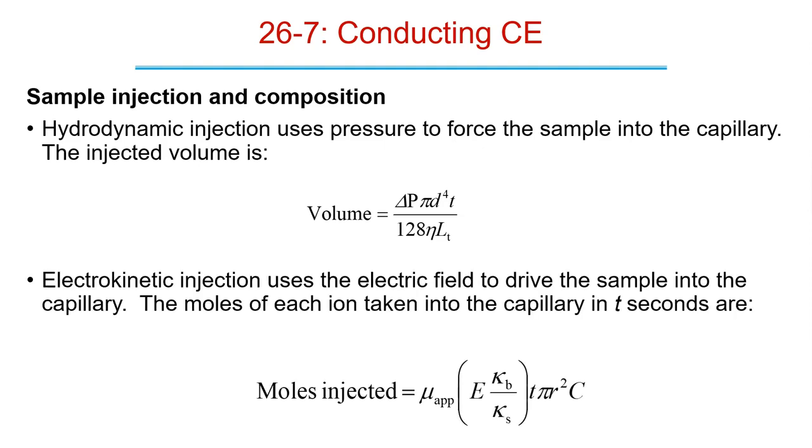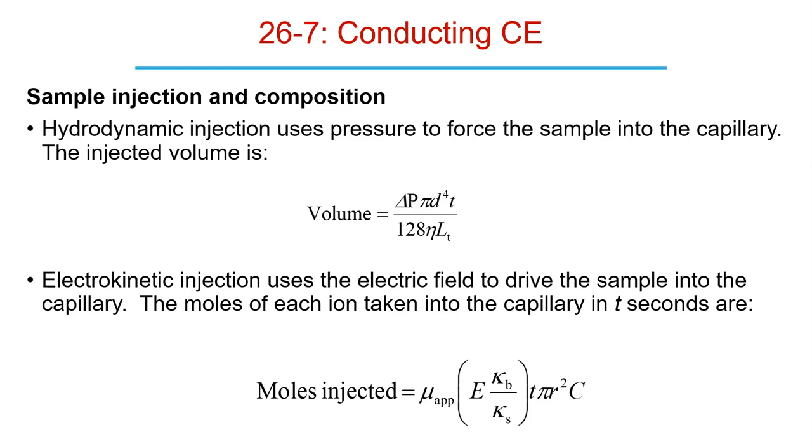The other way you can inject is, remember, this is all under ionic control. We got a lot of charged species in solution. So you could use electrokinetic injection, which is like, boom, shock that sample solution and have it move towards the capillary. The pressure is actually more common because you just get a uniform plug that's not already doing weird things with the charges. But it all depends on what in particular you're separating.